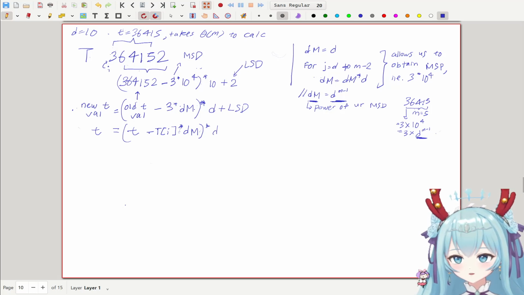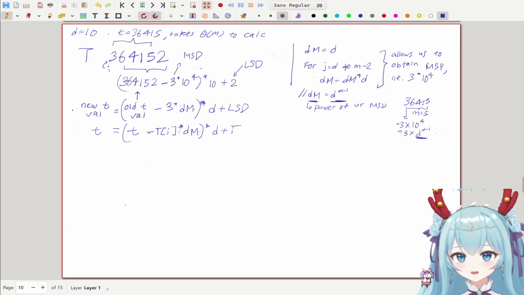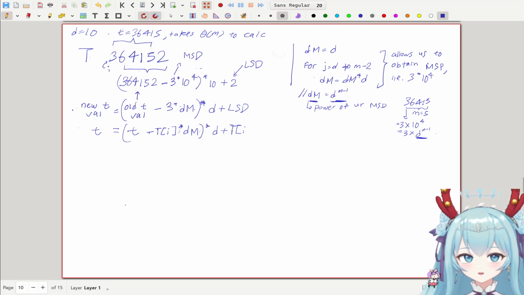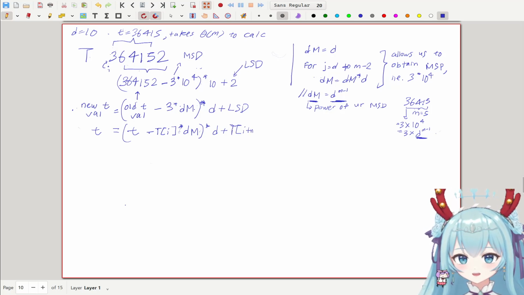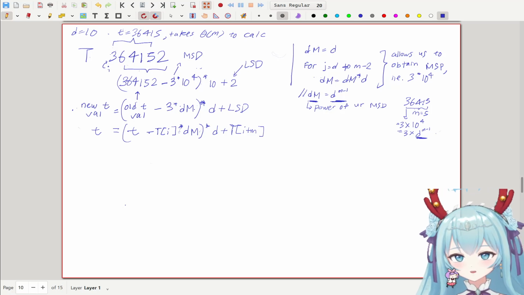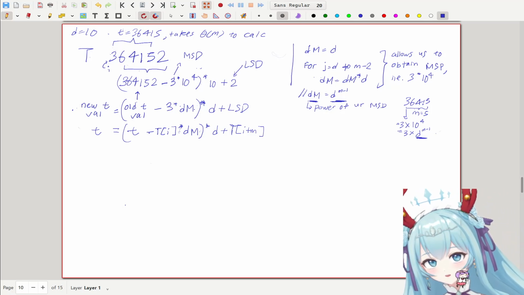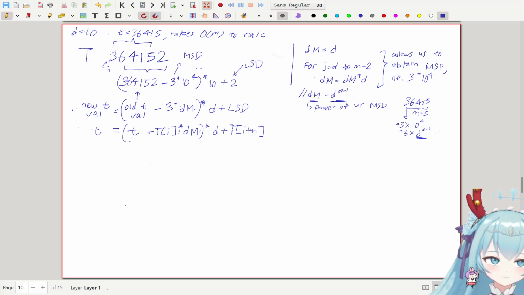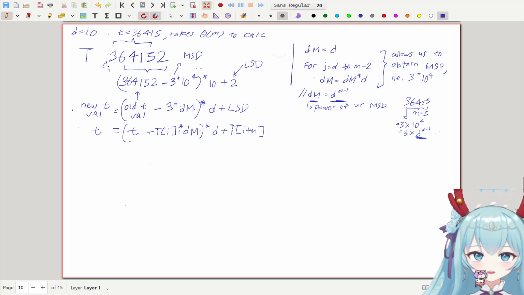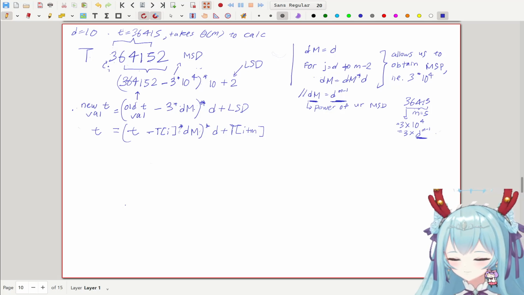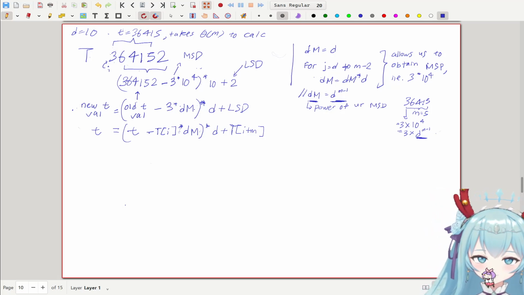Multiply this by d, and we'll add the least significant digit, aka our LSD, which is basically at index i plus m, because if i is over here, and we know that m is 5, then i plus 5 will just give us the LSD.